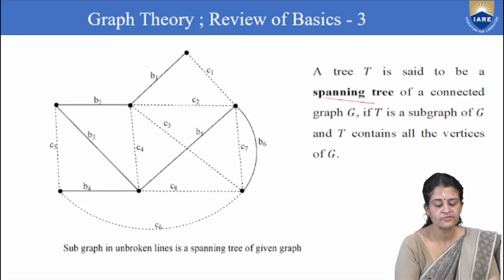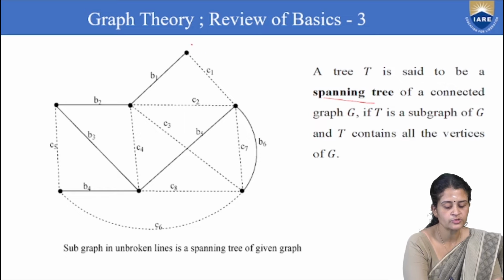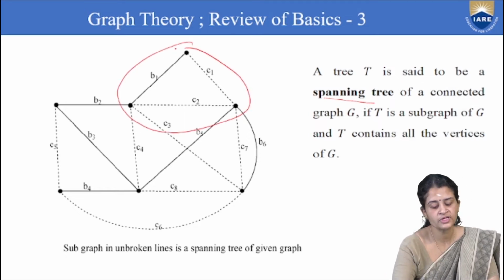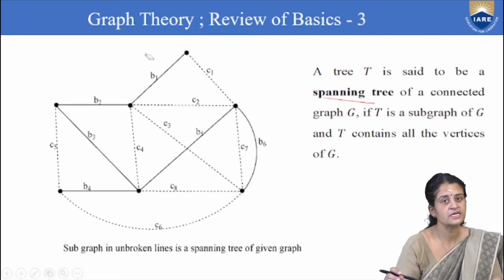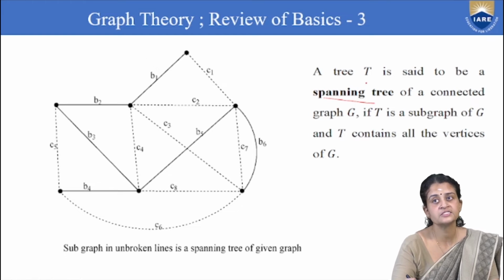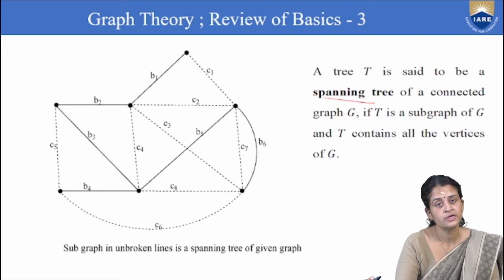No. Because even if we are considering this graph, this portion itself is a subgraph of the given graph G. Right? Now we are going to see what is a spanning subgraph. A subgraph is said to be a spanning subgraph if it contains all the vertices of the given graph. And a spanning tree is a tree which contains all the vertices of the given graph.